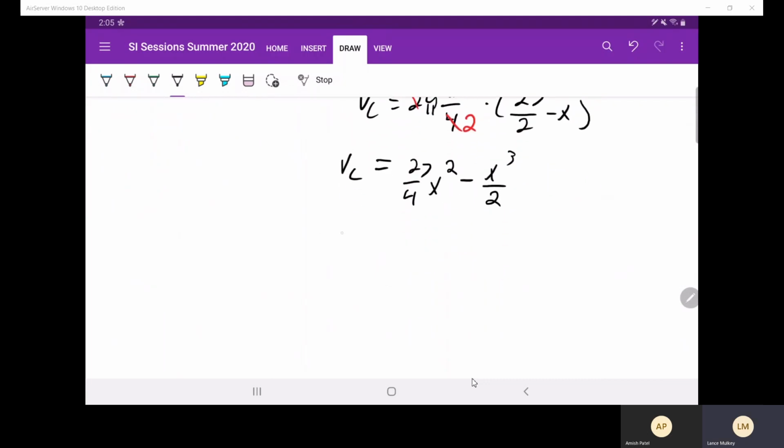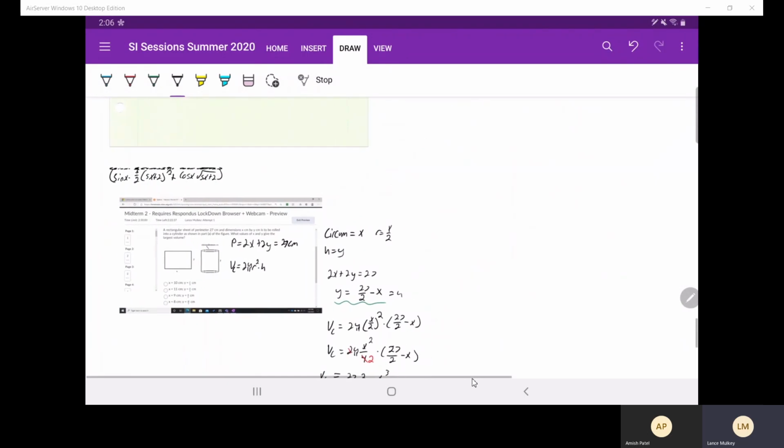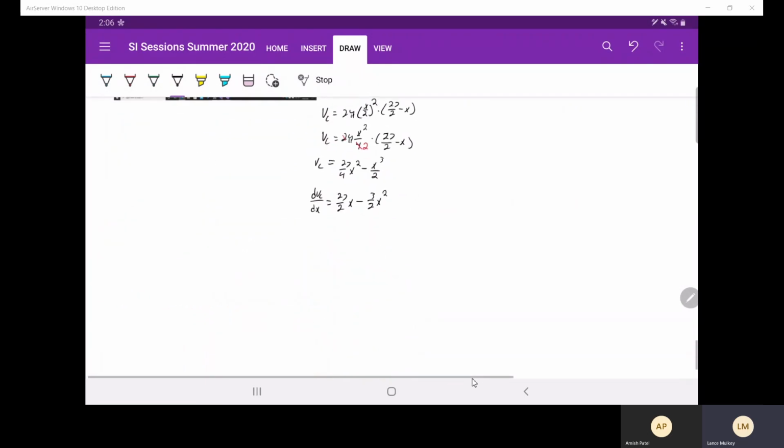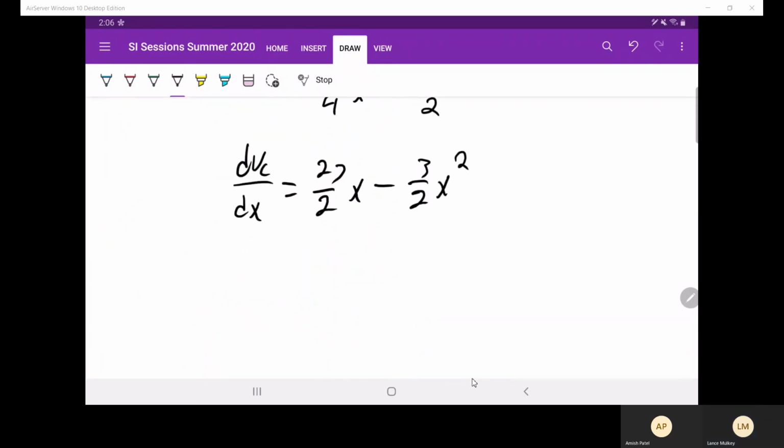So now when we take the derivative and we do this, we get 27 over 2 x minus 3 over 2 x squared. And right now we're trying to find the largest volume, so we want a max. So to find the mins and maxes, we need critical points.